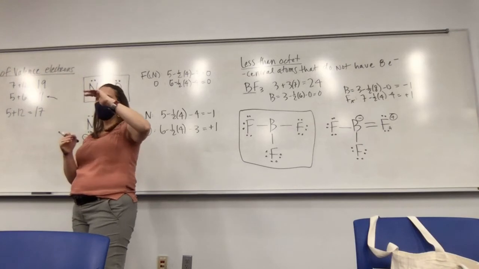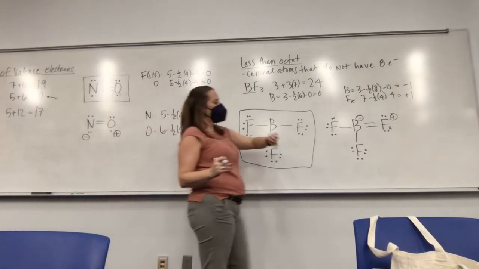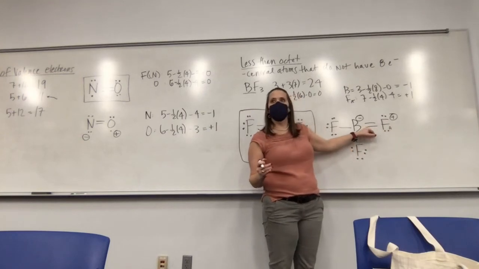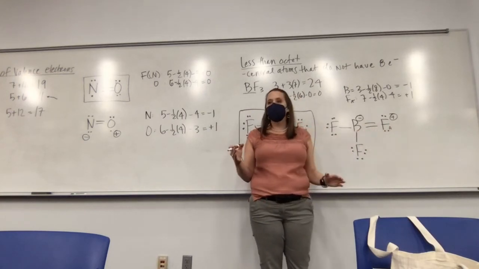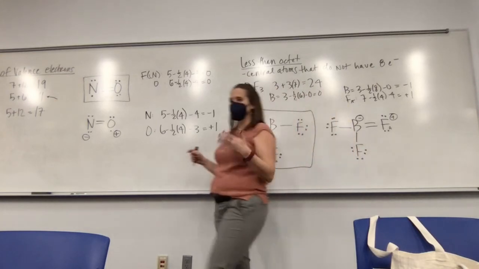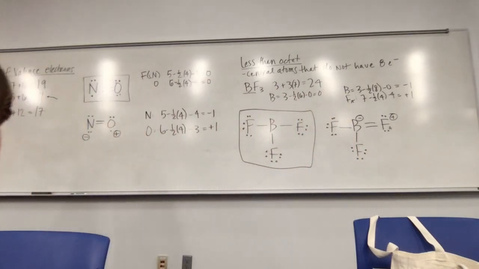And so it turns out that fluorine having a positive charge and boron having a negative charge is worse than having less than octet. In chapter 9, we'll look at other reasons why this is true and more electronic reasons using electron configuration.